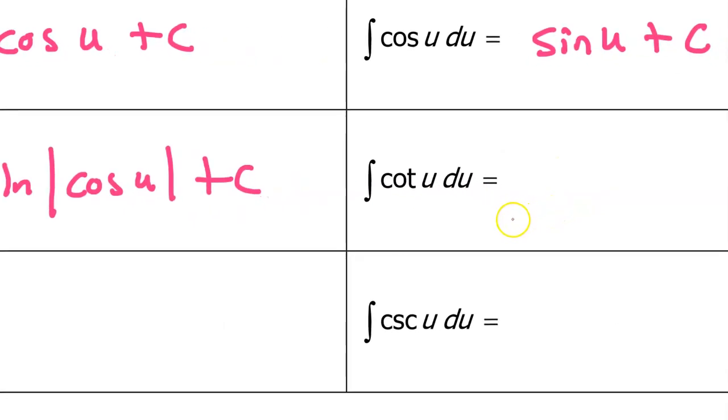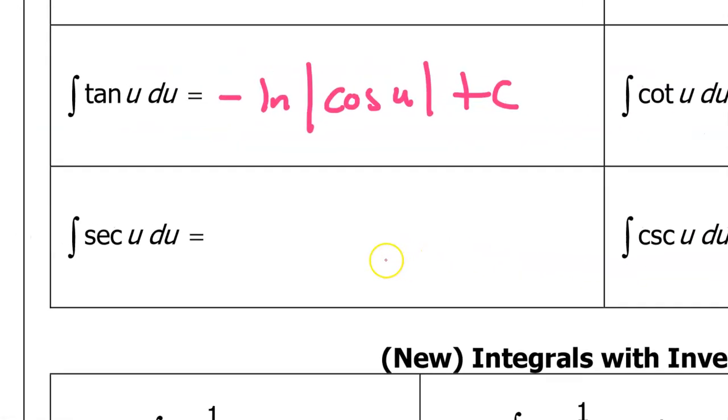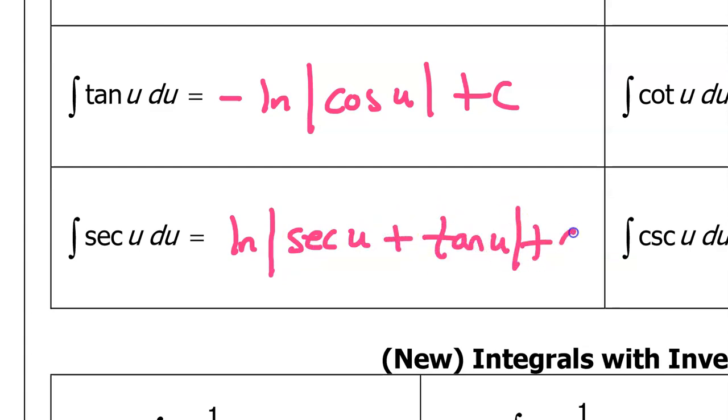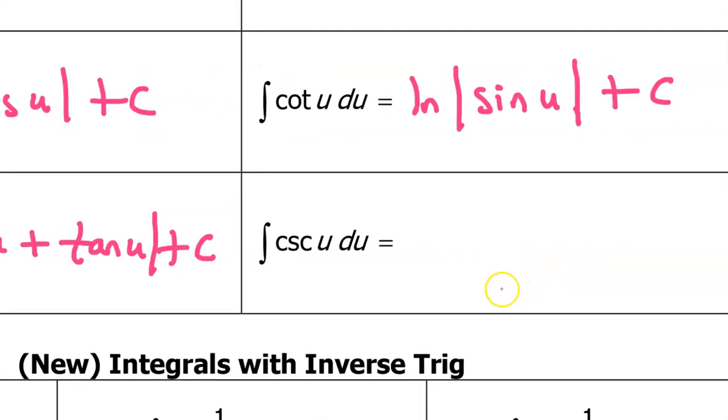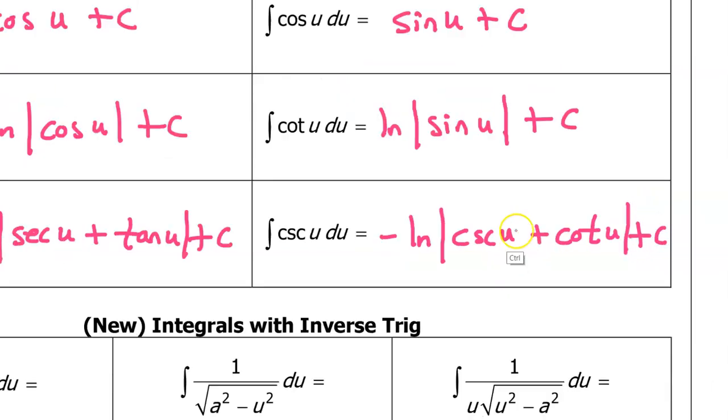The integral of cotangent is positive natural log absolute value of sine. The integral of secant is natural log absolute value of secant plus tangent. And the integral of cosecant is negative natural log absolute value of cosecant plus cotangent. Make sure you know them all.